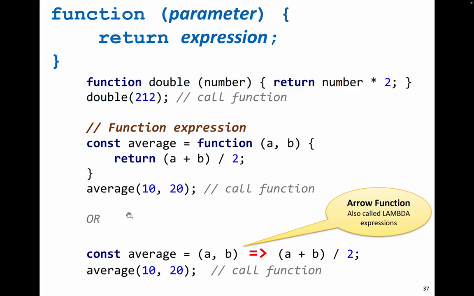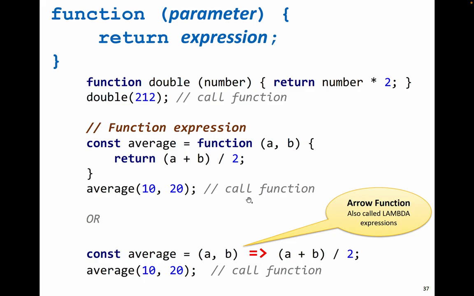And then the other one is just a different way of writing functions. This is called lambda expressions. Recent versions of Java also have lambda expressions. This is mainly used to write functions in a shorter way.